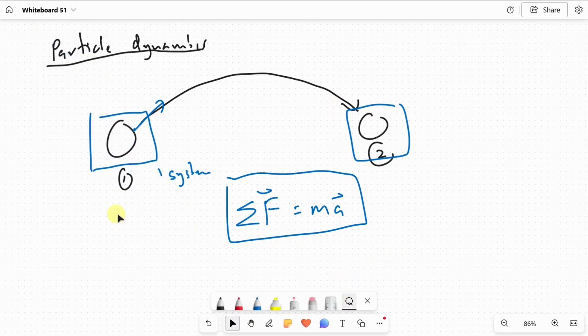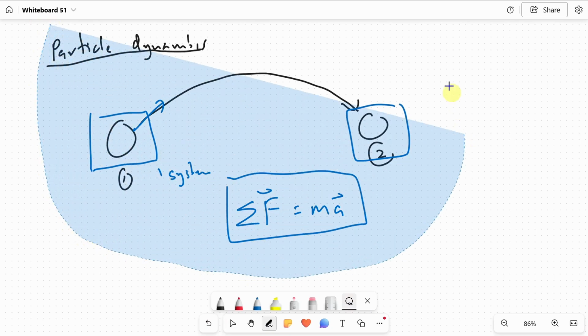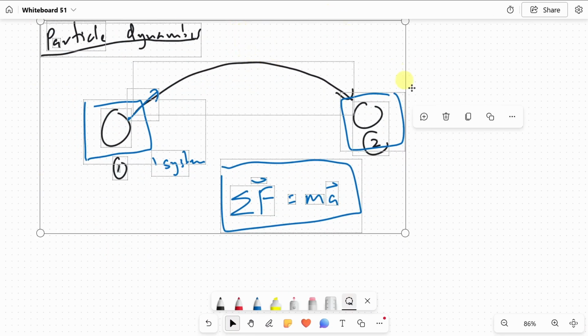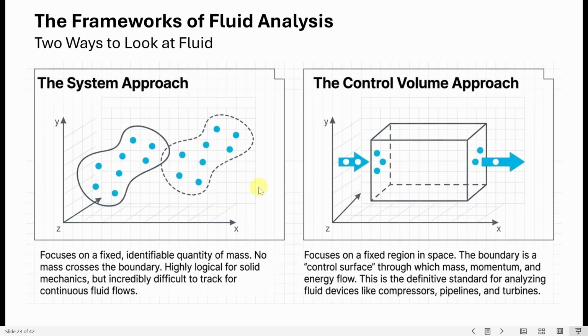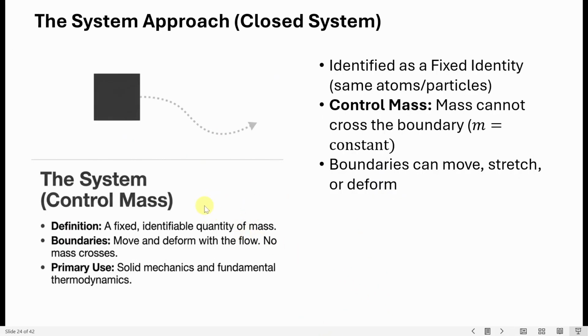All right. So before that, let me define what is a system in case you do not know. A system, or we call this the system approach, or closed system, is identified as a fixed identity where you have the same particles in one space.